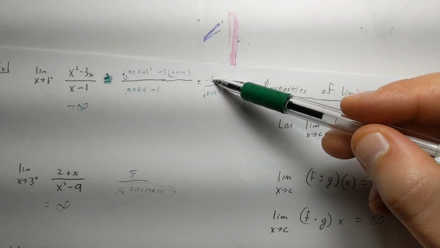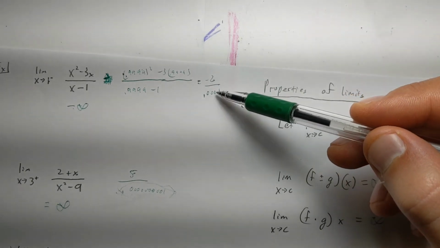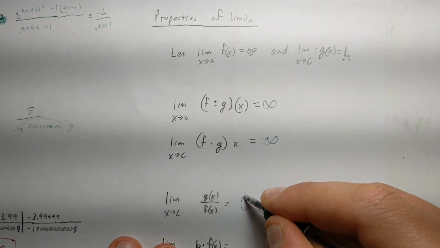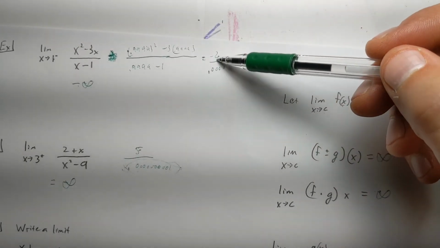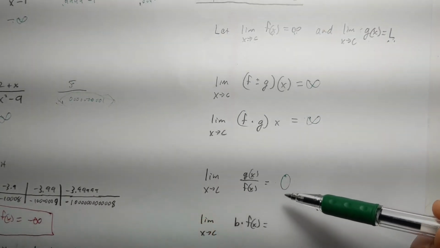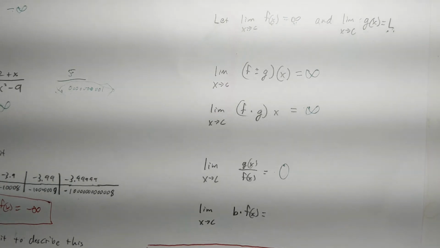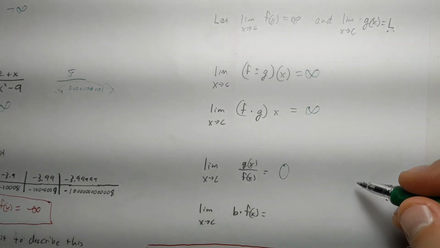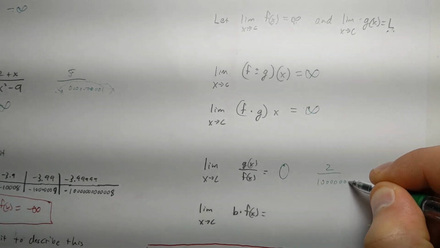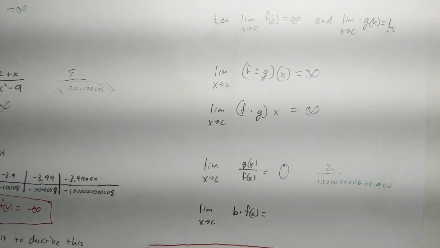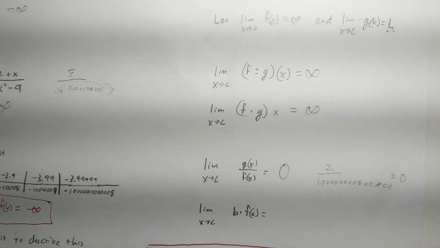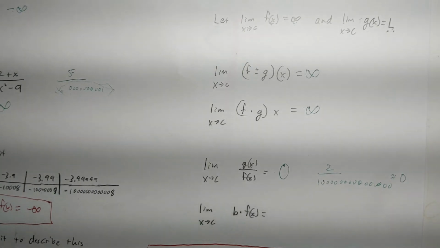If the bottom were going towards infinity, that's going to be going towards 0. Here, this is going towards 0, which made the limit infinity. This is kind of the opposite right there. So if it were like 2 over some big number, this is going to be approximately 0. So that's the idea behind that one.